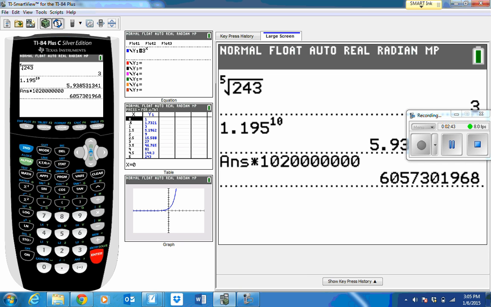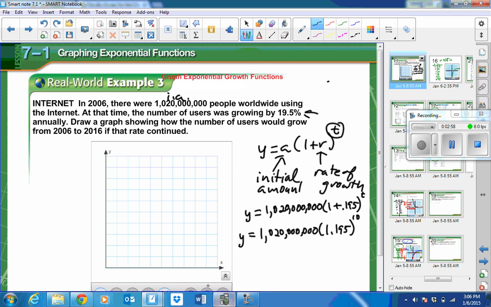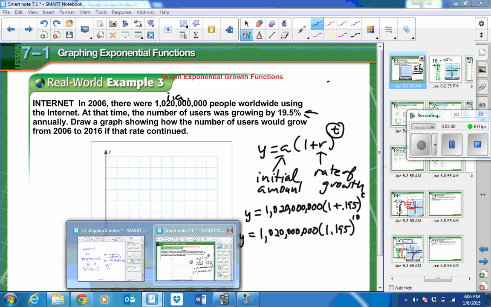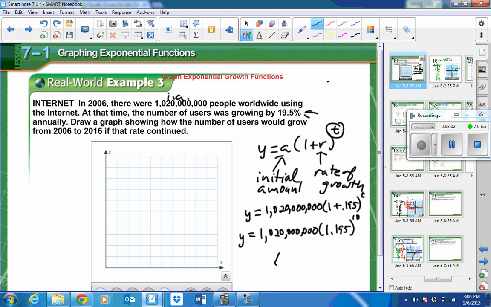So know that that would be your answer in 2016, how many internet users there would be: 6,057,301,968 users. So going back, I'll let you guys write that down there. I don't remember the number from the calculator.